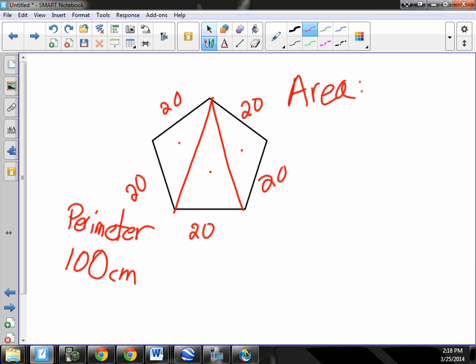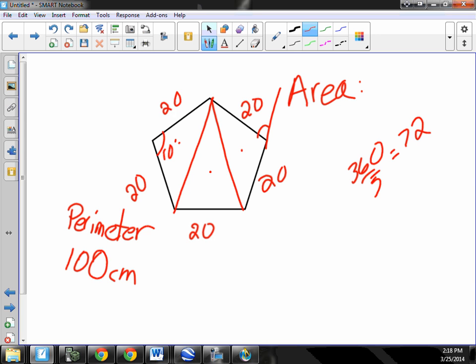Well, if it was true, when we'll find this out in a minute, this angle is how big? So 360 divided by 5 is 72. 72 is the measure of an exterior angle, so the measure of the interior angle would be 108.